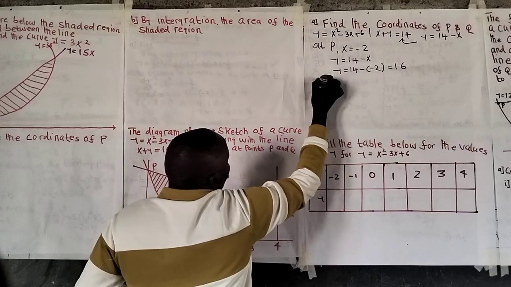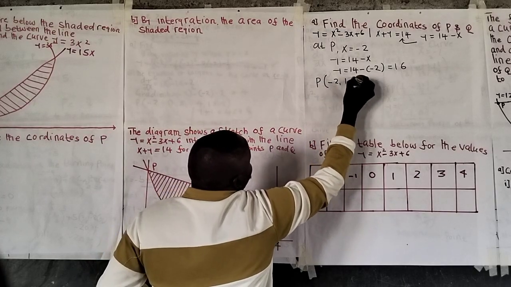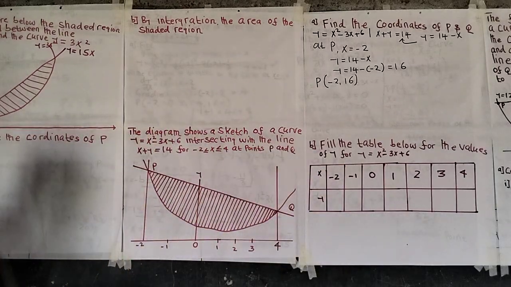So the coordinates of P are x is -2, y is 16. That is the coordinates of P.